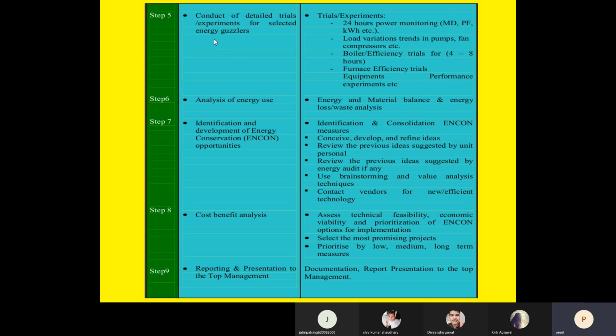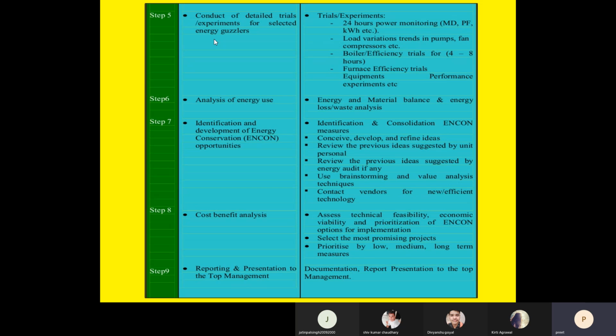Under step 7 of phase 2, identification and development of energy conservation opportunities takes place, which will lead us to identification and consolidation of measures, and to conceive, develop, and refine ideas.